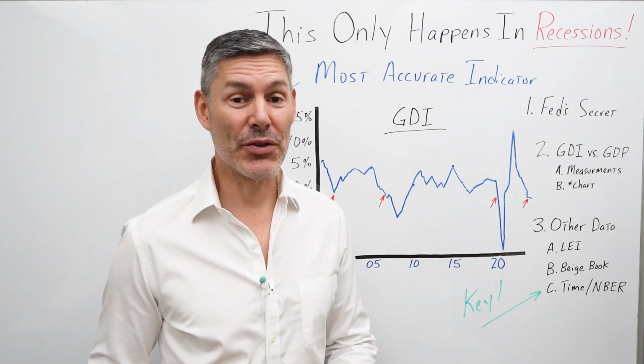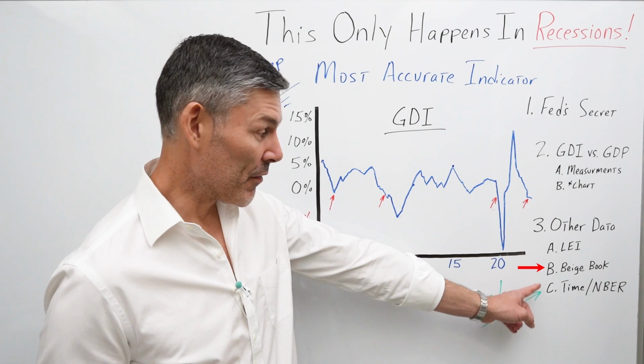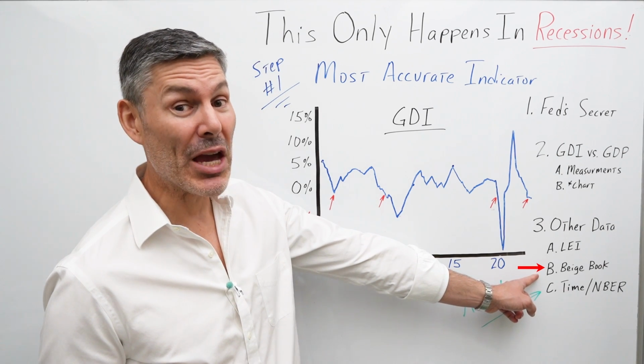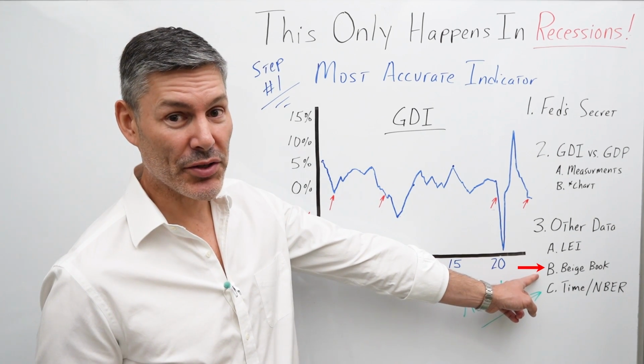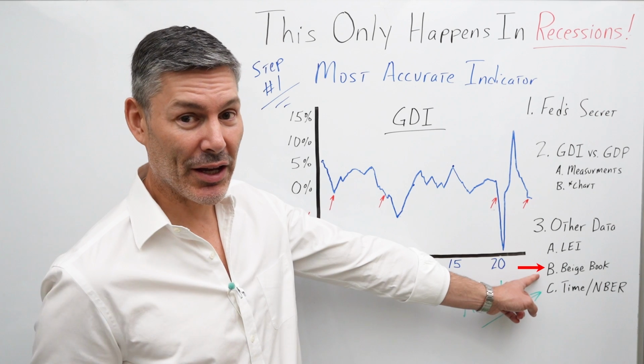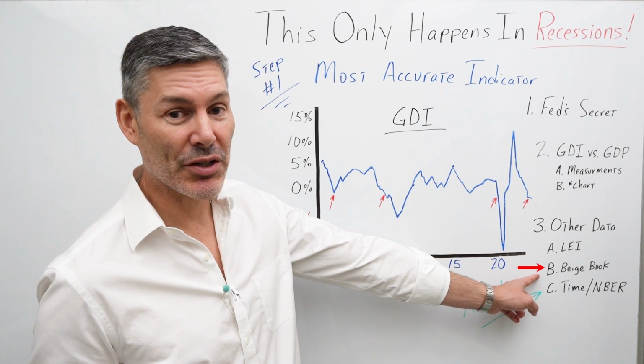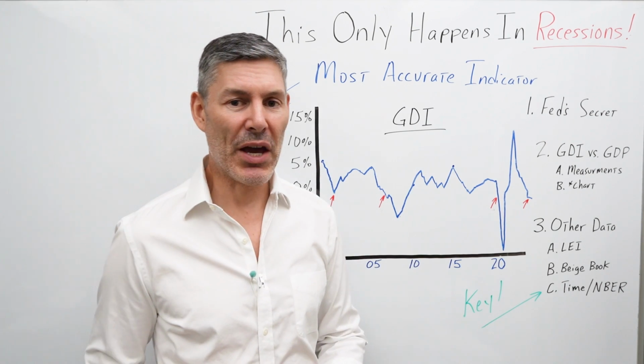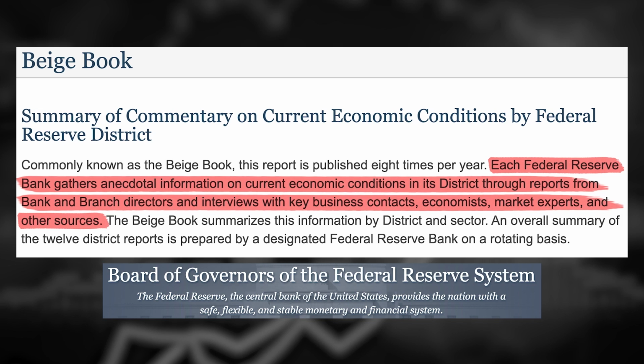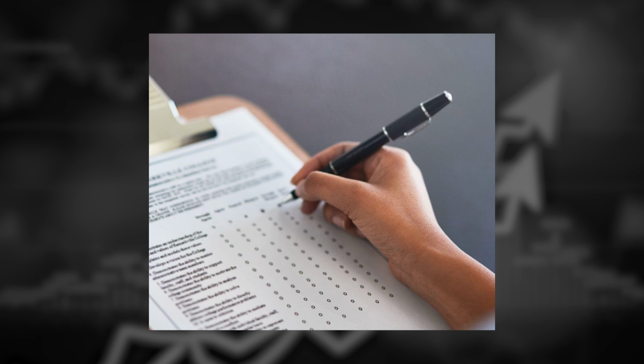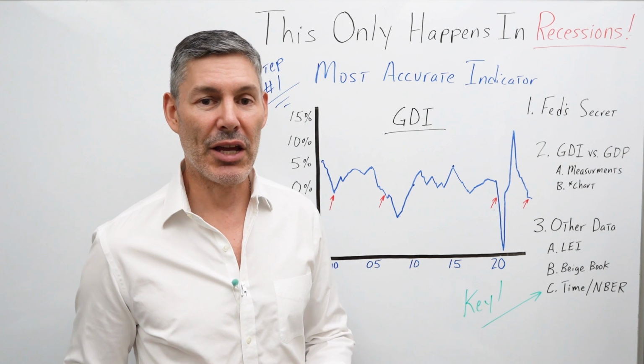In past videos, we've talked about how the Fed's mysterious beige book is also insinuating that we could be in a recession right now. So what is the beige book? It's actually an aggregation of all of these reports or surveys that the regional Federal Reserve banks do at a local level. So they go out and survey business owners, they say, how's it going, and a lot of different data points.